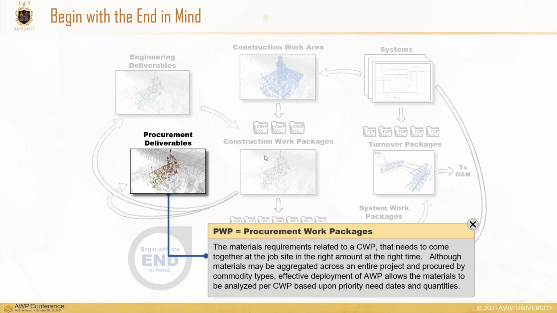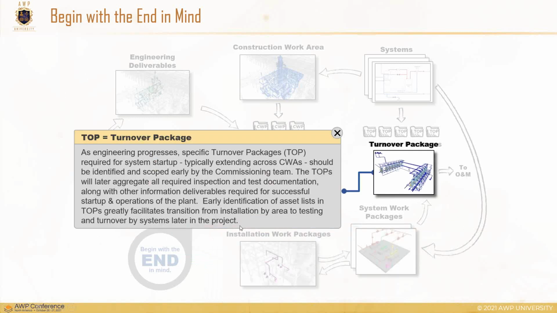So you see the CWP starts becoming the real center of the universe, if you will, for all the things that interact with and affect that construction work package and when it can be executed, and affecting the construction schedule through inheritance of what those constraints are against both engineering and procurement deliverables. Those procurement work packages will show material requirements. They'll show different effects on the construction work packages, and our key deliverables and information ties identify those CWP constraints. Now, we're still not going to the IWP.